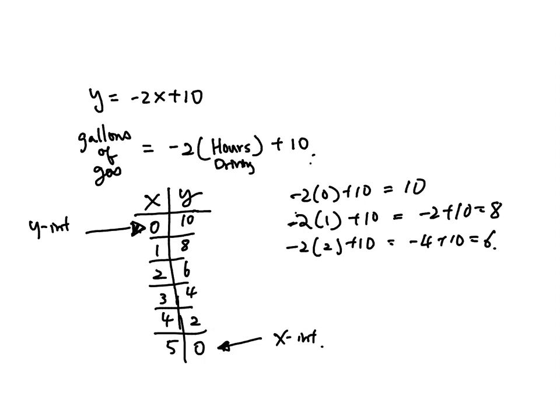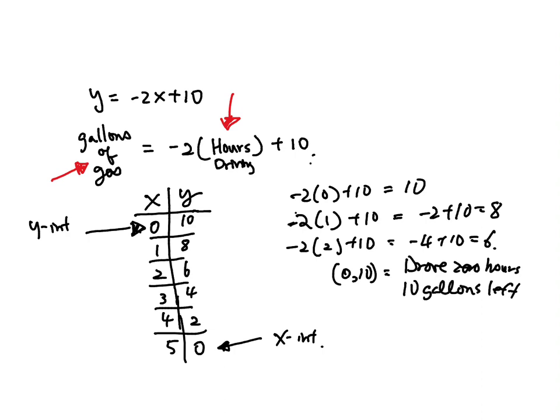To answer the question, we're just going to use the table that we created earlier and put it in words. If you look at (0, 10), this is telling me drove 0 hours, 10 gallons left in the tank.